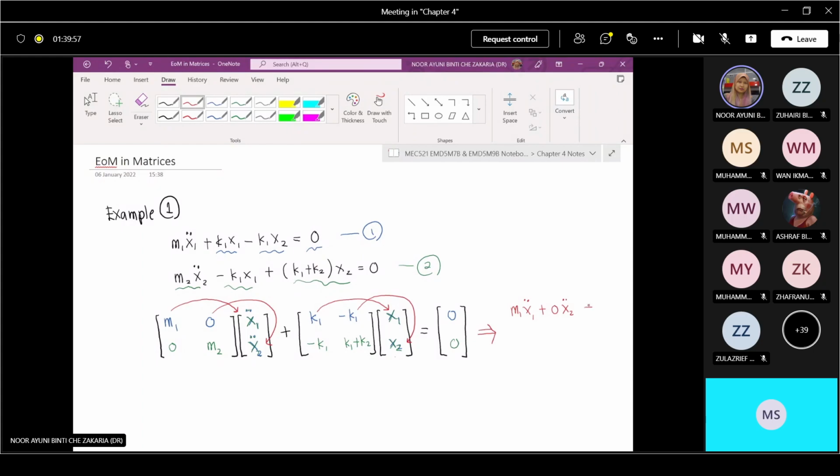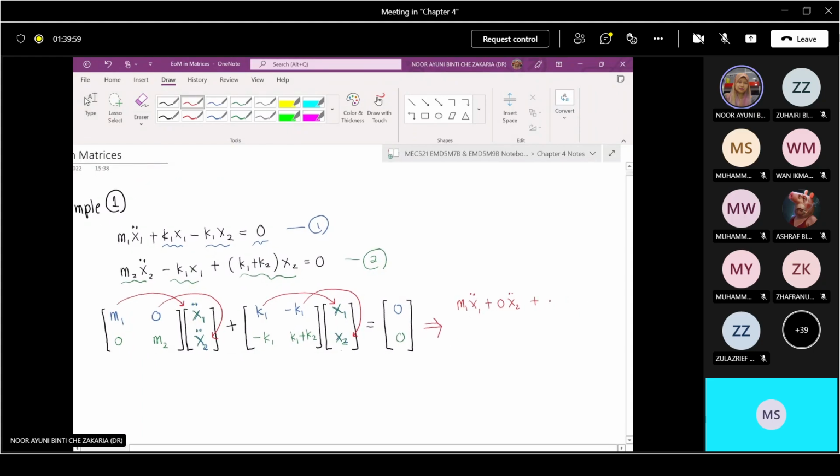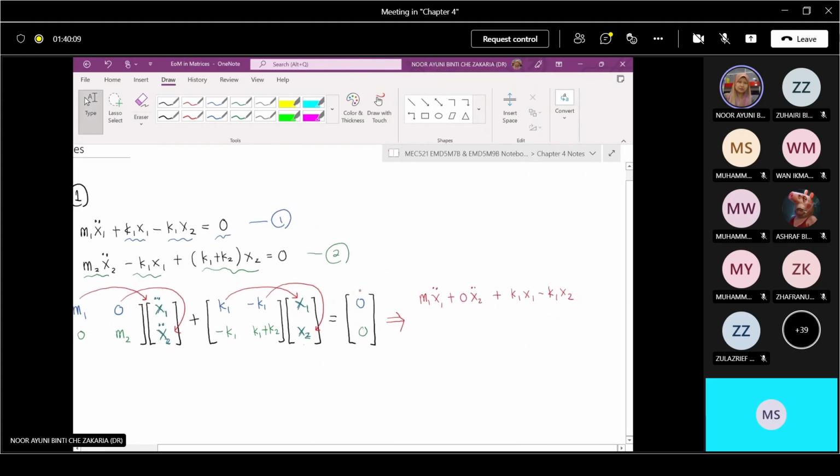So plus K1 X1 minus K1 X2 and then equal to 0.